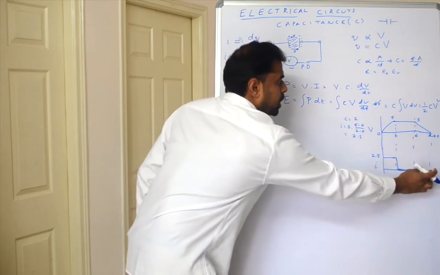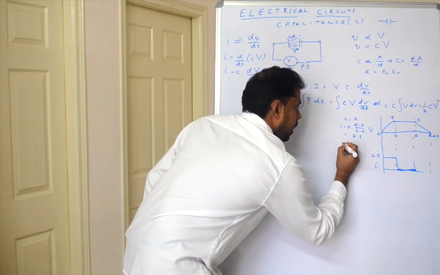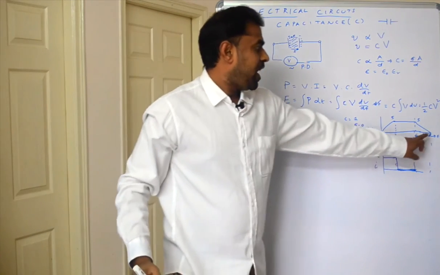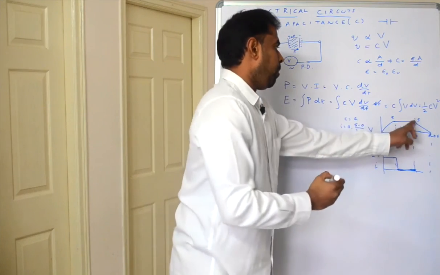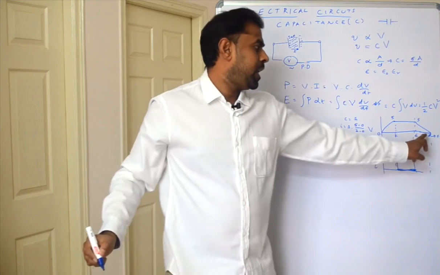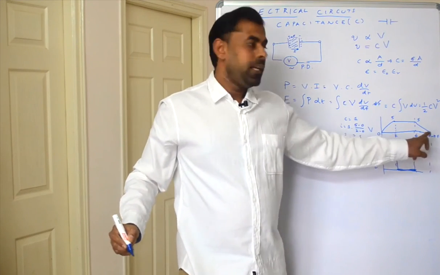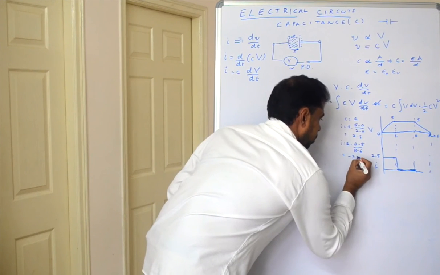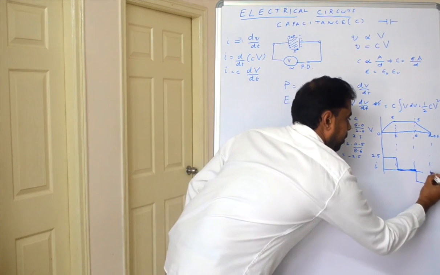Next I am taking from 6 to 8. I is nothing but the capacitance, which we assumed as 1, into the final value of voltage, 0, minus the initial value, divided by the final value of time, 8, minus 6. It will be minus 2.5.